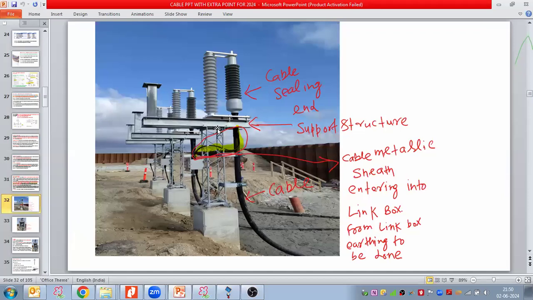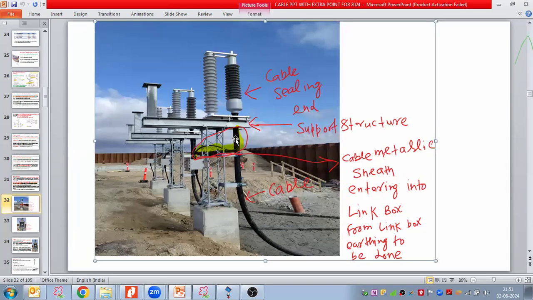This is our support structure to support the cable. This could be a type of post insulator. Here we have the cable, and here we have the cable sealing end.